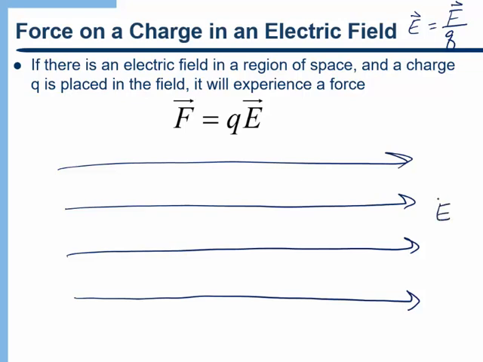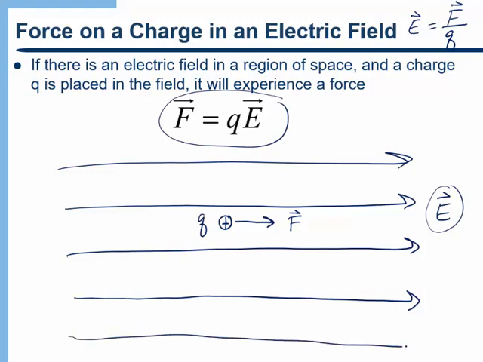So that's our electric field. If I now put a charge Q, and let's say it's a positive charge, well, now if I know the magnitude of that electric field, I could figure out the force on that charge. I know that the direction is going to be in the direction of the electric field for a positive charge. And I would just use this formula to calculate the magnitude.